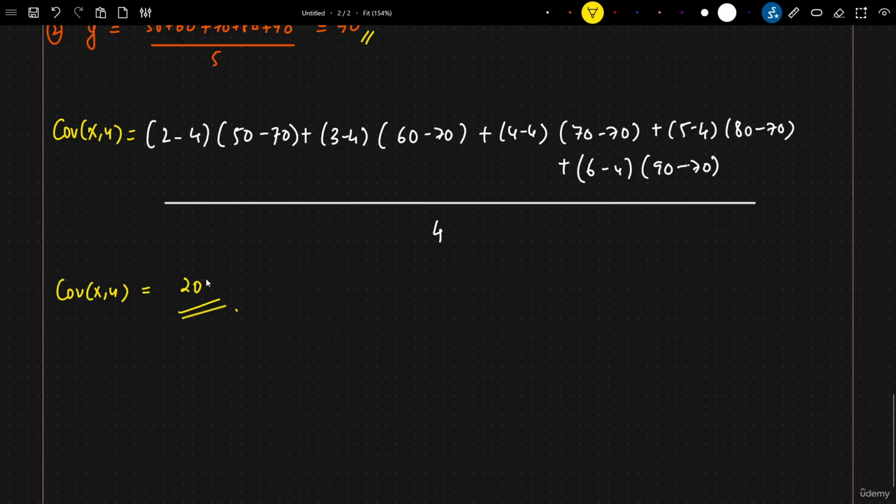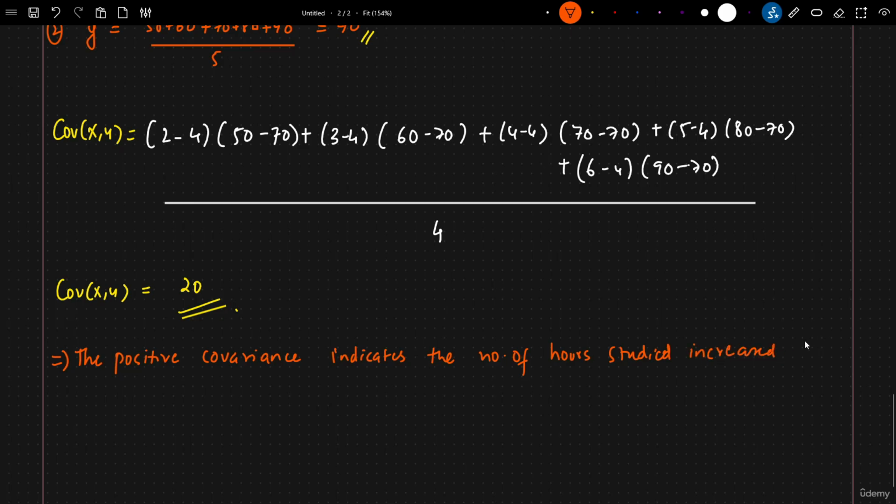Now see, I'm getting a positive value. This positive value indicates positive covariance. It indicates that as the number of hours studied increases, the exam score also increases.